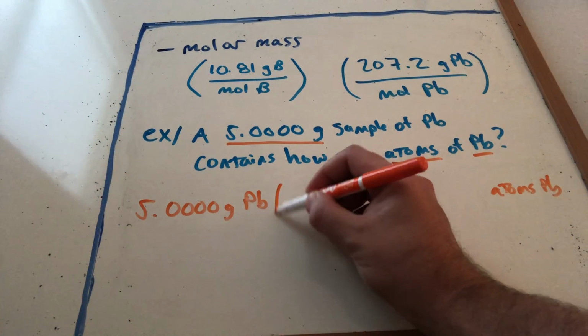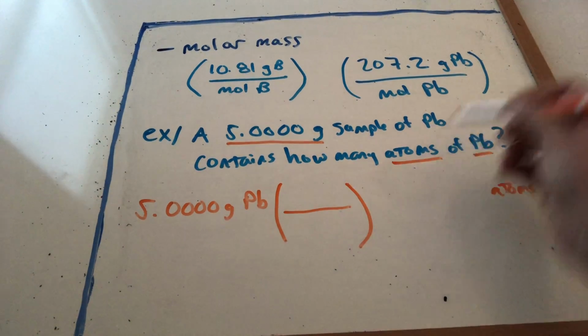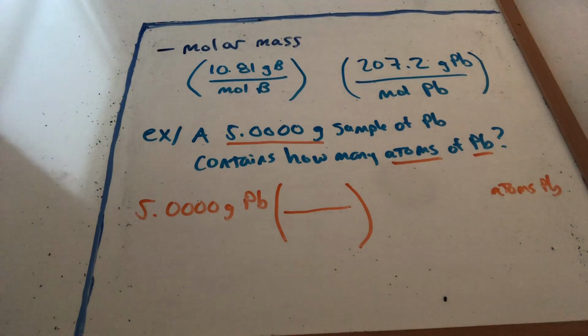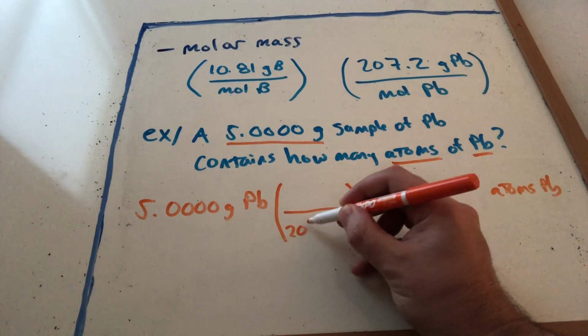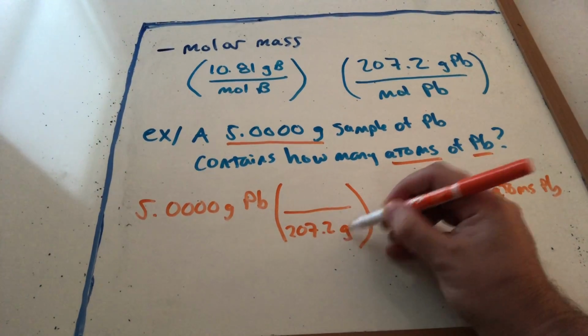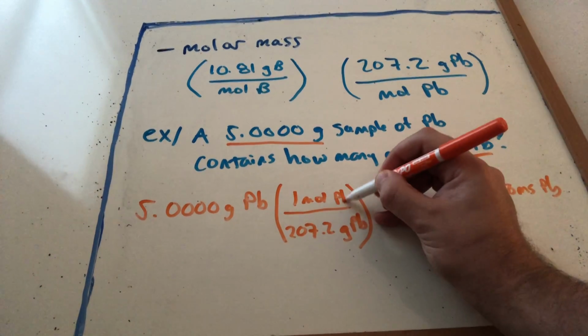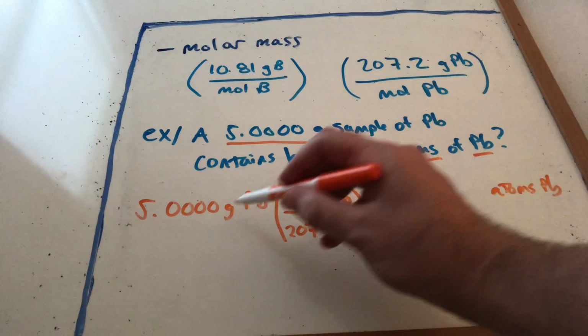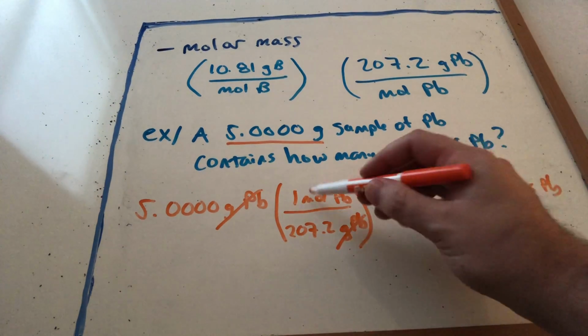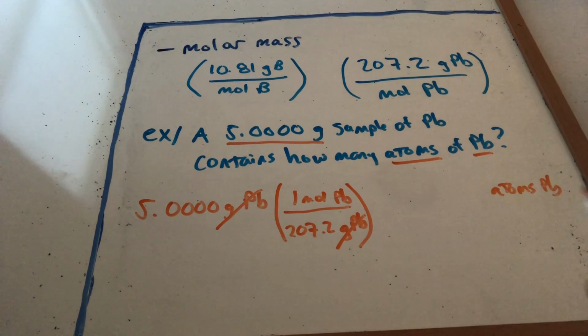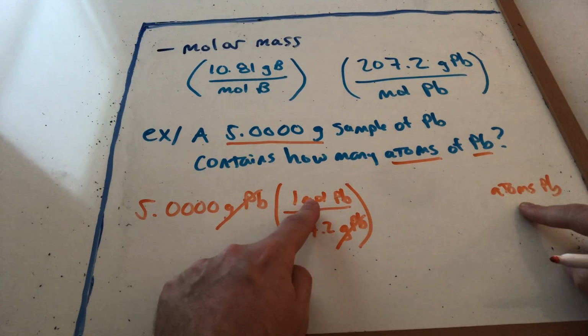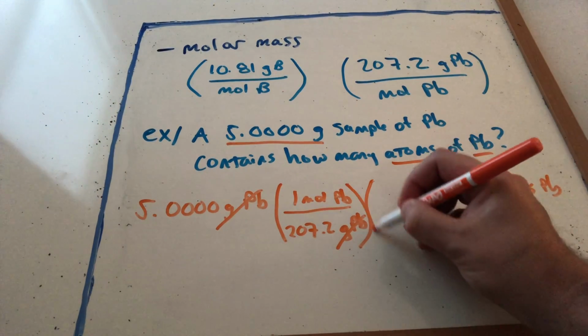So here's the thought process. On the periodic table, I know I have this conversion factor that exists now, and 207.2 grams of lead is equal to 1 mole of lead, right? My units of grams of lead will cancel and I'll be left with moles of lead. Do I know a relationship between moles and atoms? And the answer is yes.